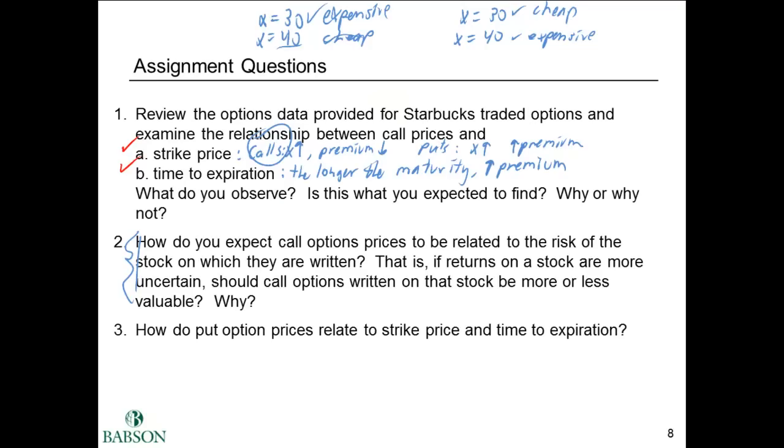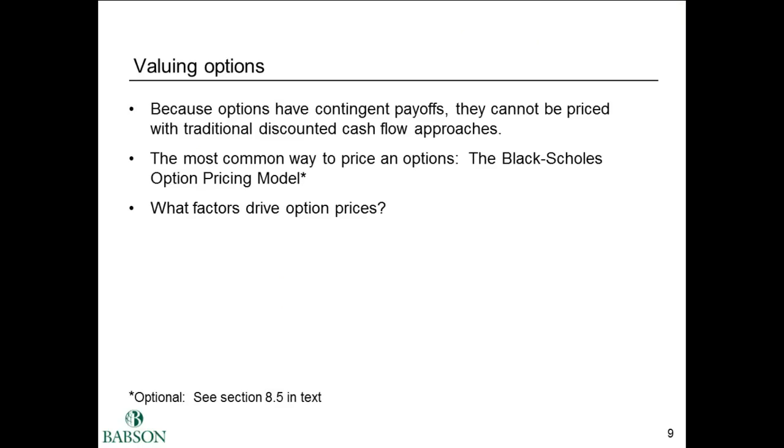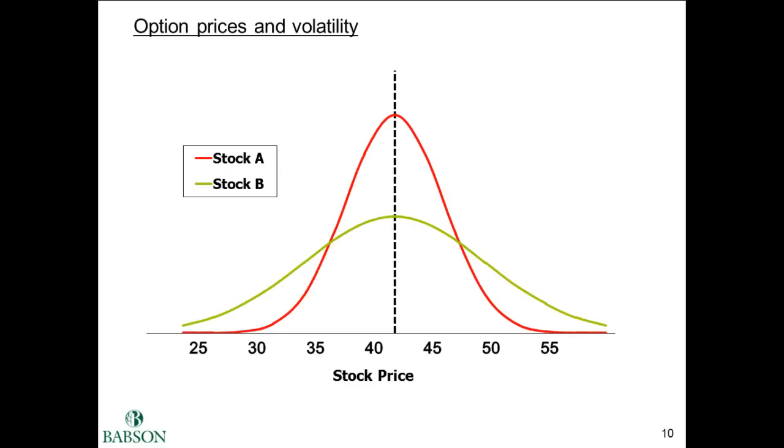So let me draw that out. We already covered number 3. Let me draw this out here. Okay, so here's 2 potential stocks. Let's say that Starbucks is the green one, and let's say that Southern Company, which is a utility firm, is the red.